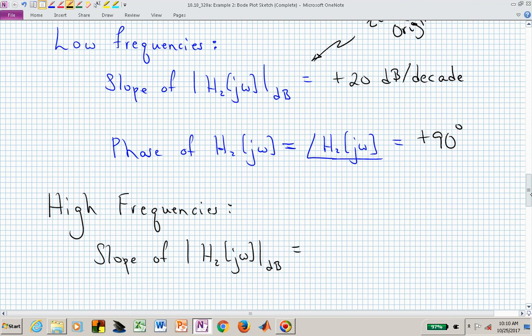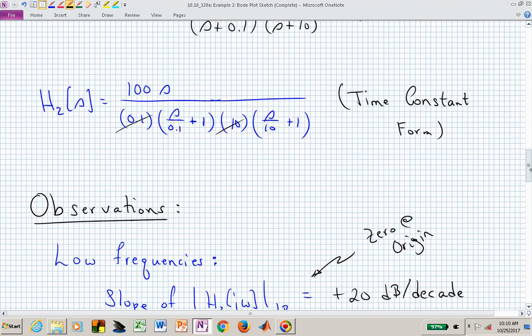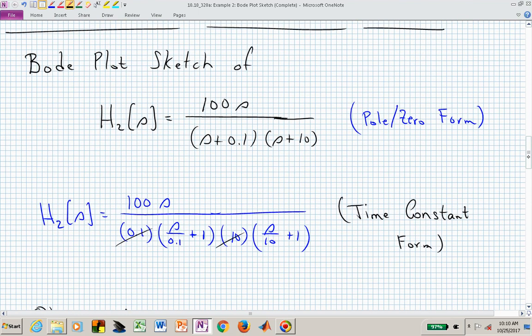Like we identified low frequency behavior, we can also identify high frequency behavior. In this case, what's considered high frequency? Well, we go out to the right beyond what might already have broken or have changed or stopped changing.